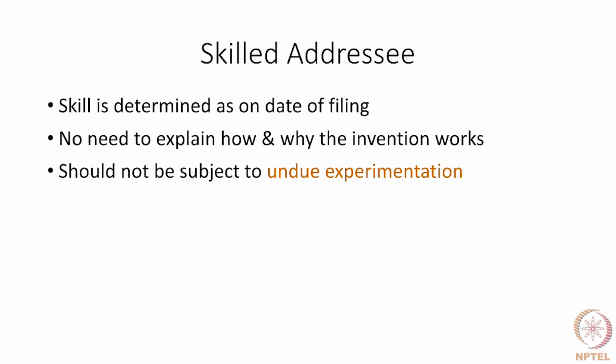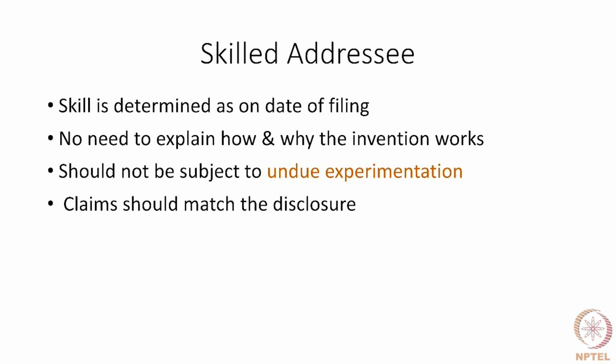If a person skilled in the art reads the specification, and he has to go to the lab and do n number of things before he can actually find it, or if he has to do some more experiments, then that's a criterion which the courts will regard as not having satisfied the enabling disclosure requirement.